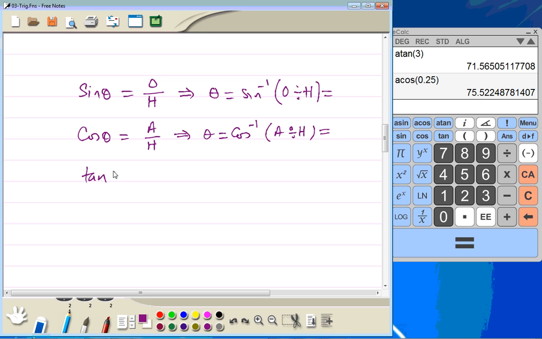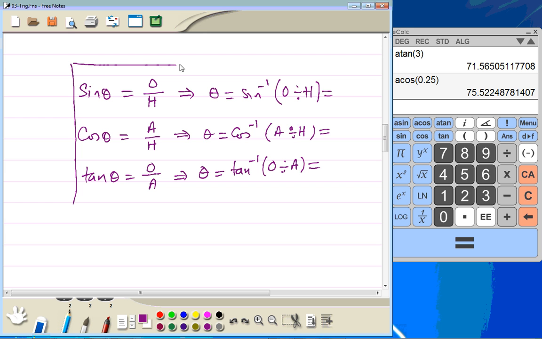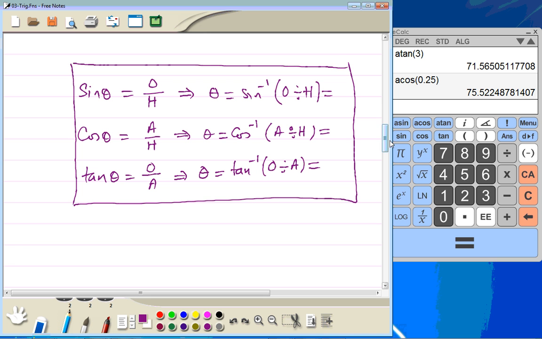Then for tan, it's opposite divided by adjacent. So for theta, press arctan or inverse tan, O divided by A, press equal. Now in each case, make sure your calculator is in degree mode.